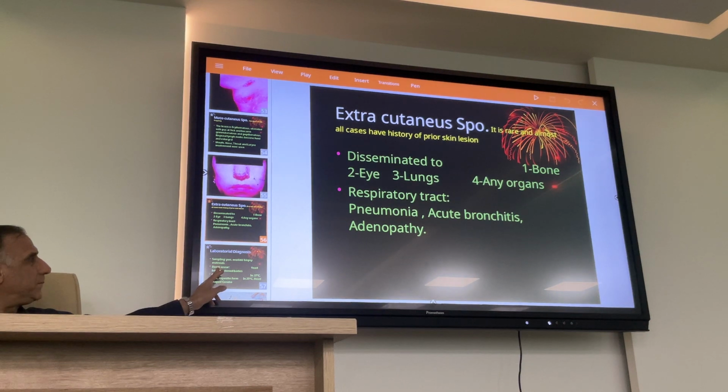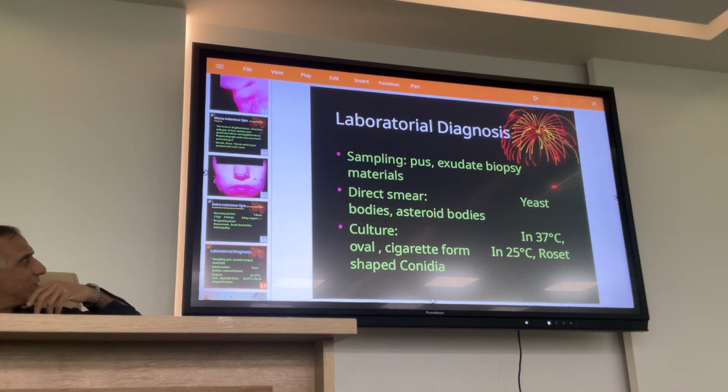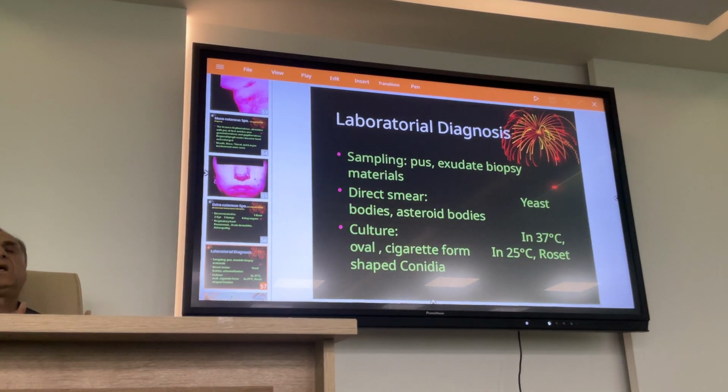In the laboratory, we check the sample with direct microscopic examination and culture.